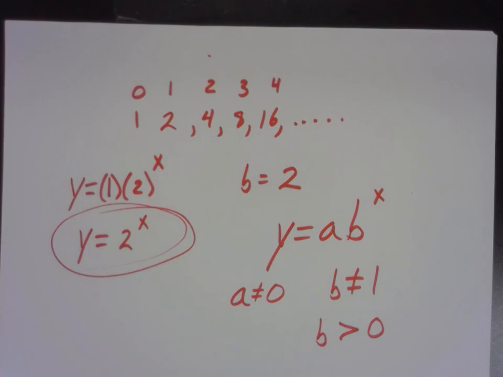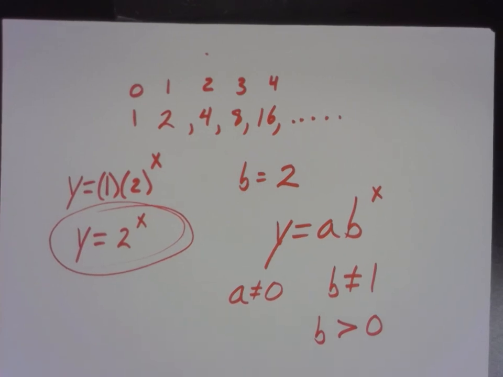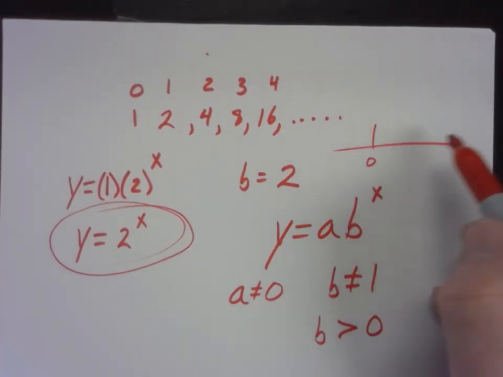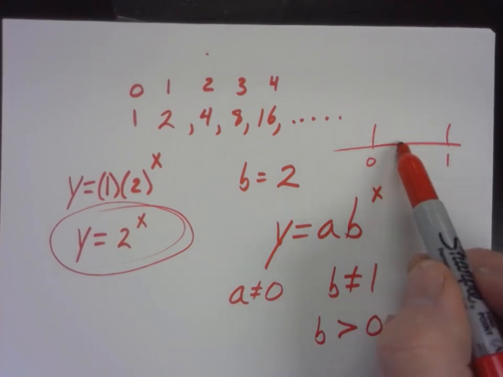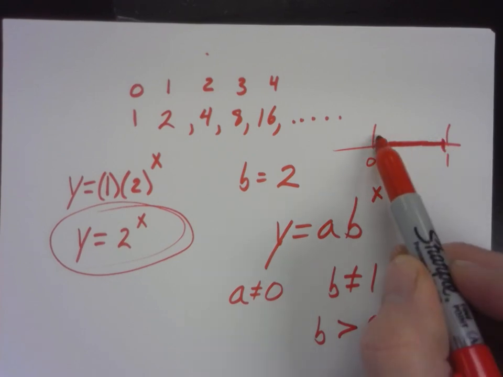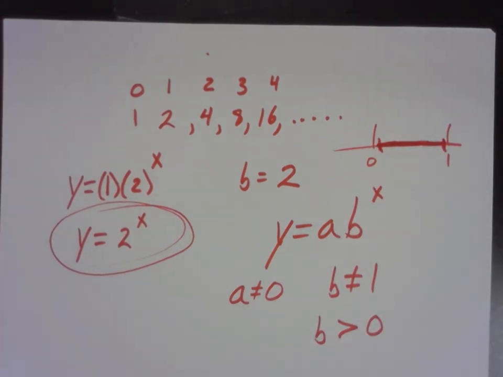And then let's just think about this for a minute. On the number line here, here's 1. When b is in this area, you're going to get a function that decays, that gets smaller and smaller. You're going to take half, and then half, and then half, and so on.